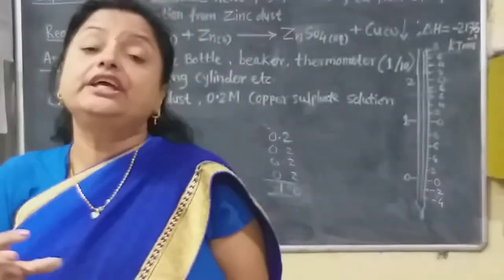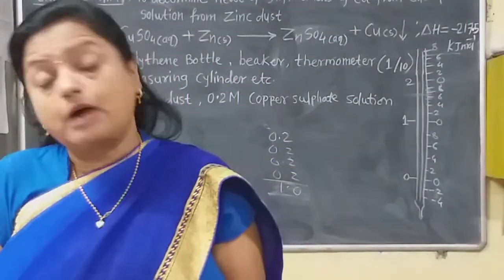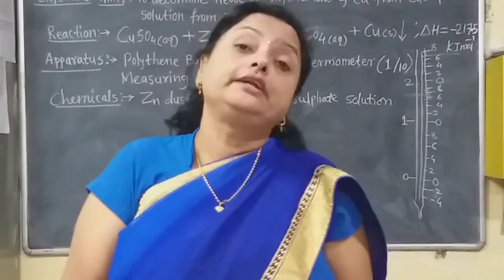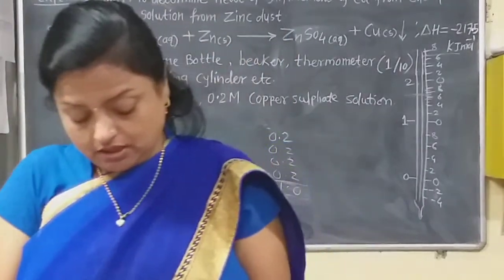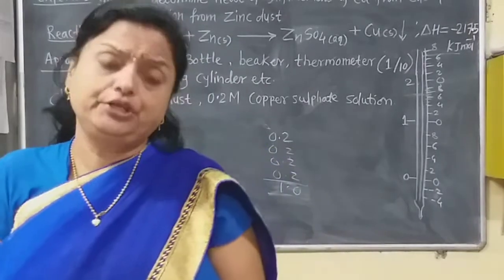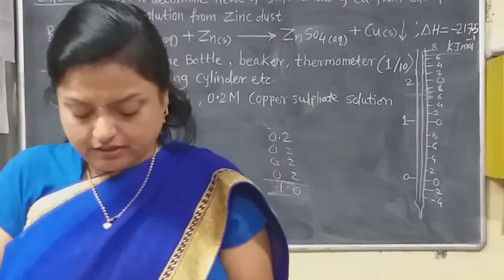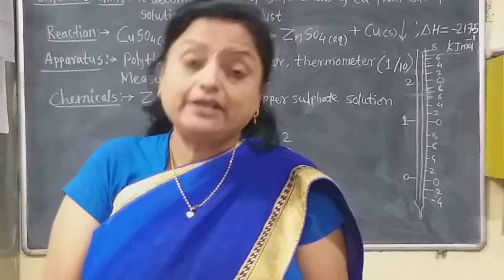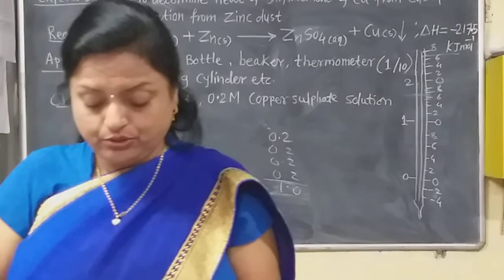By shaking there is a very large increase in the temperature. Up to 10 degrees centigrade the temperature may be increased or above it, because this is the displacement reaction and into that heat gets released, and therefore the temperature of that solution increases and it is the negative enthalpy.